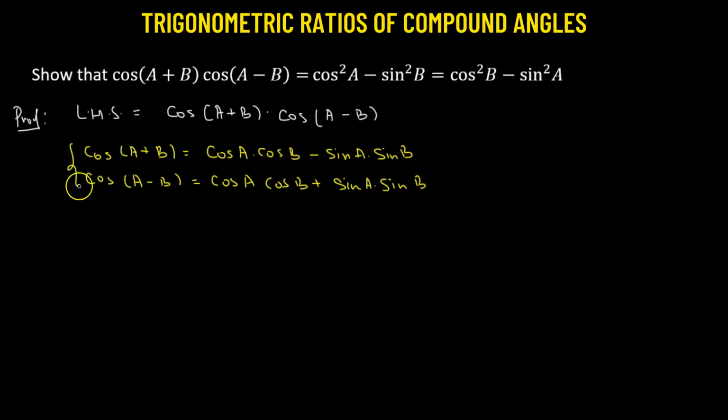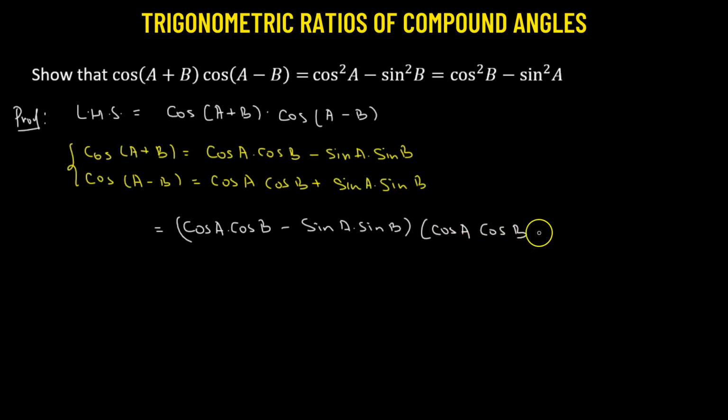So we can use this fact and rewrite the given expression as cosine of a times cosine of b minus sine of a multiplied by sine of b. This will get multiplied by cosine of a minus b, but cosine of a minus b can be expressed as cosine of a times cosine of b plus sine of a times sine of b.